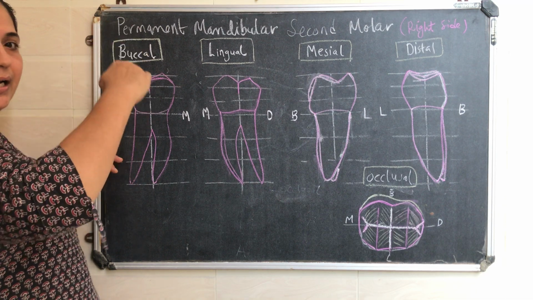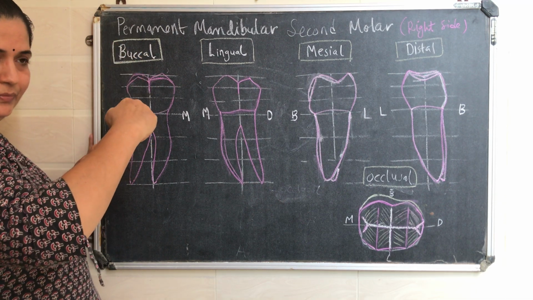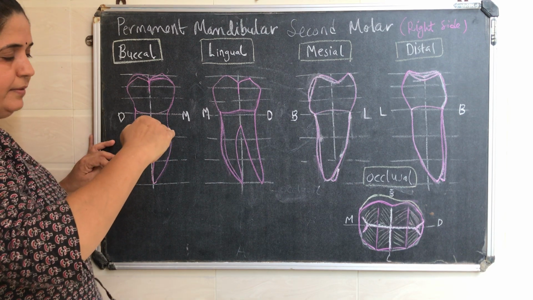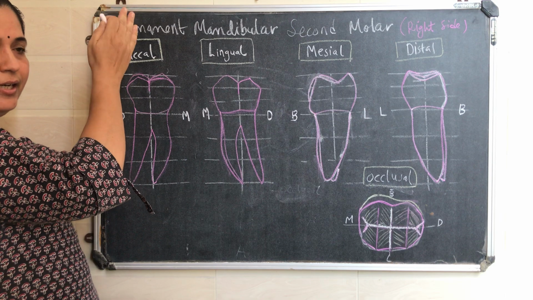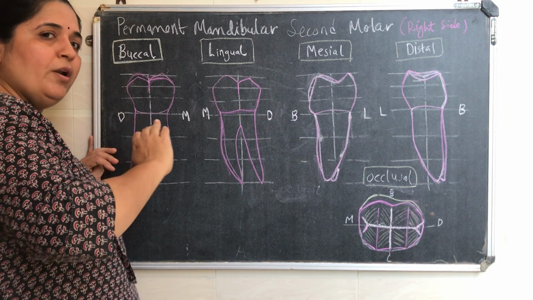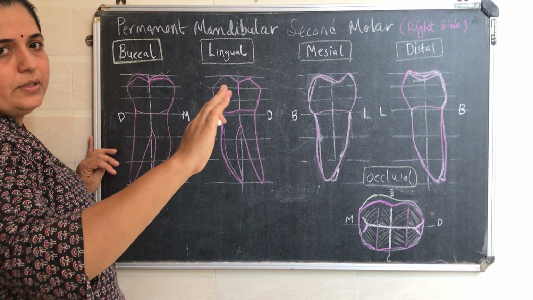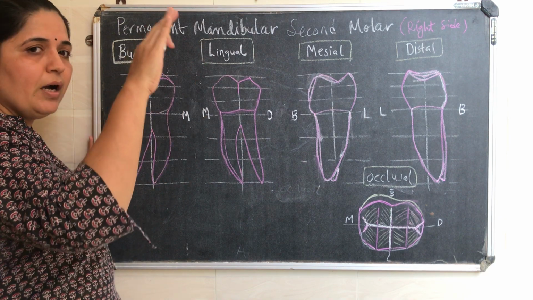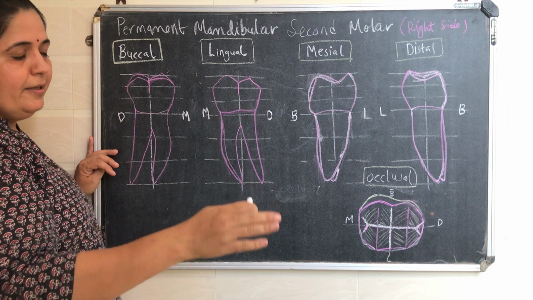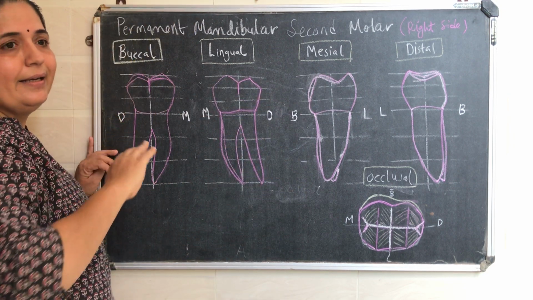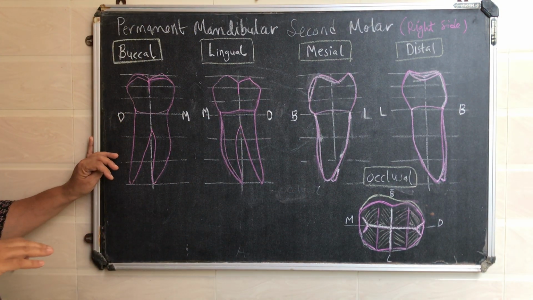Because the buccal cusps are flat and at a lower level, and the lingual cusps are sharp and at a higher level, right? So it is true for all mandibular molars, first molar, second molar, third molar, that the buccal cusps are at a lower level and flattened. The lingual cusps are at a higher level and sharp, right?